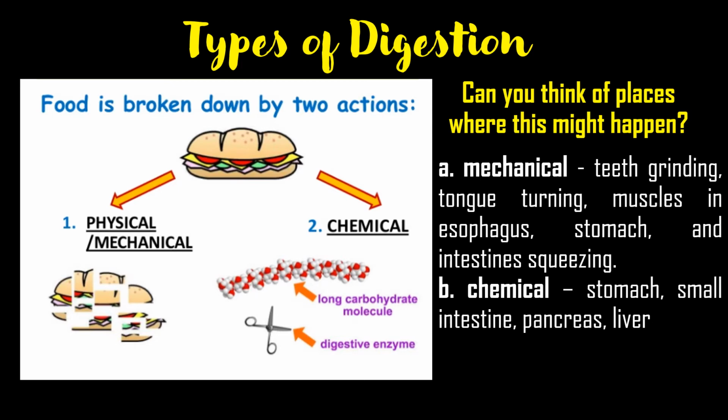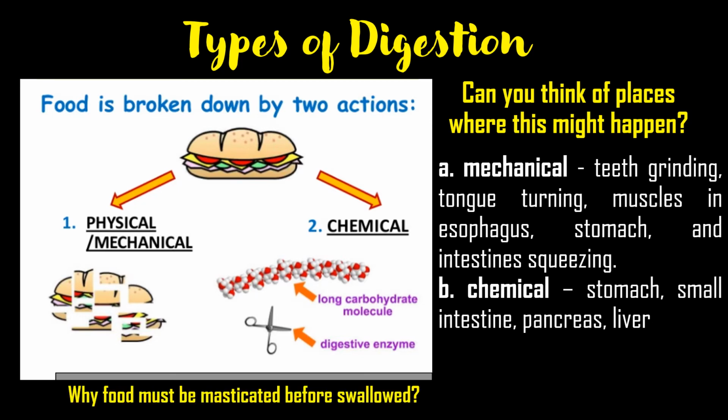Mechanical digestion involves physically breaking the food into smaller pieces. Mechanical digestion begins in the mouth as the food is chewed. Chemical digestion involves breaking down the food into simpler nutrients that can be used by the cells. Chemical digestion begins in the mouth when food mixes with saliva.